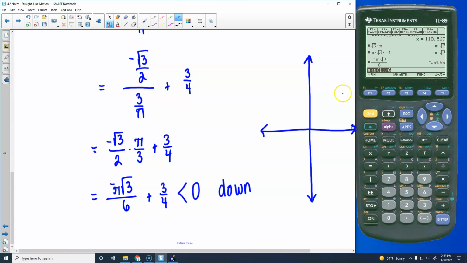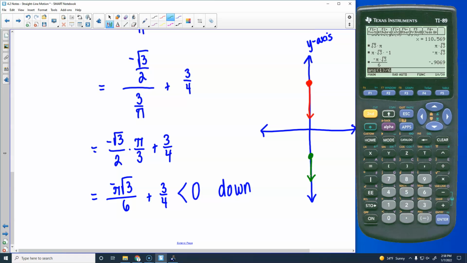Here's our y-axis. This tells me the particle's moving down. If I start from right here and my particle moves down, is it moving towards the origin or away from the origin? What about if I start right here and it's moving down? It's moving away. So this information alone is not enough to answer this question.